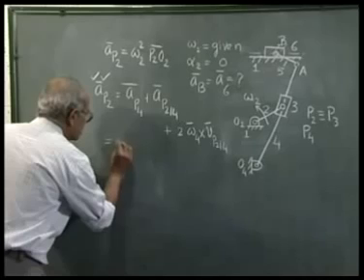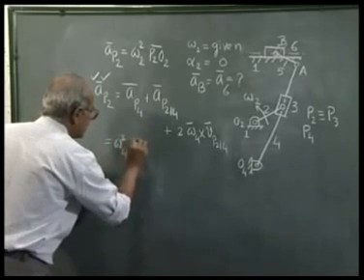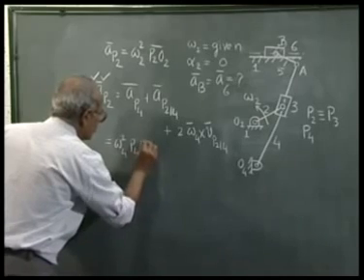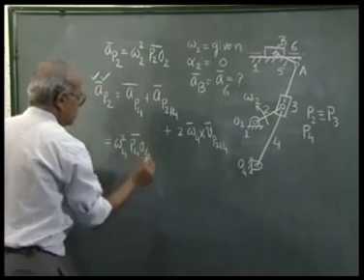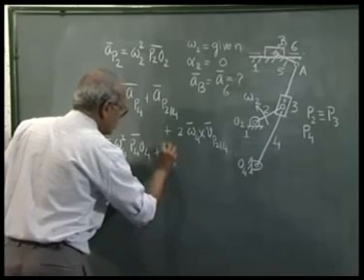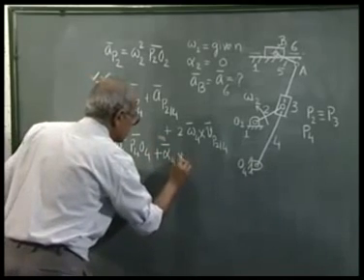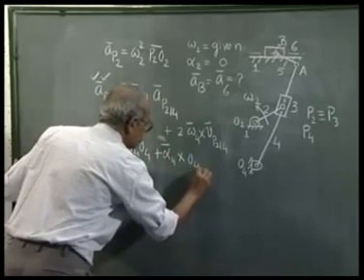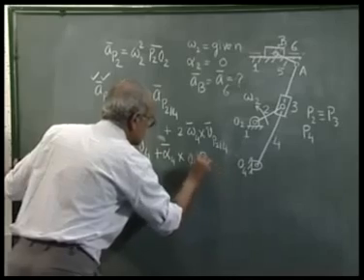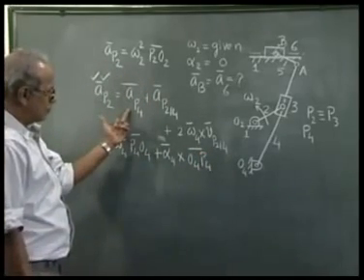There are two components. One is omega 4 squared P4 O4 plus alpha 4 cross O4 P4. These two vectors together decides AP4.